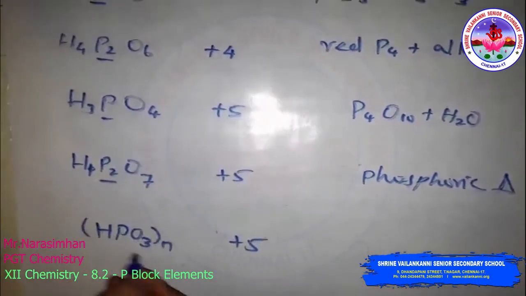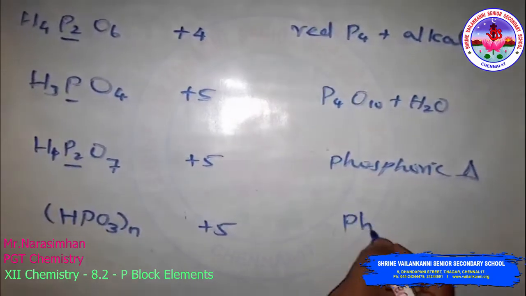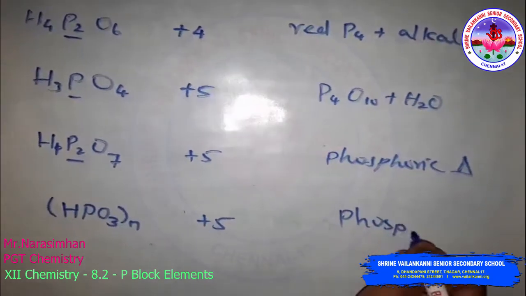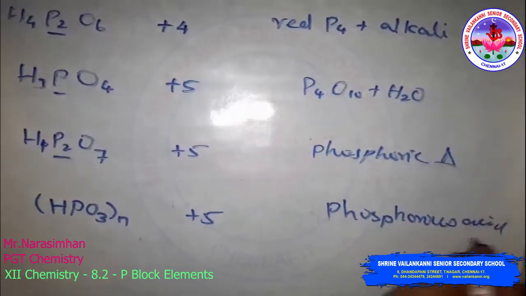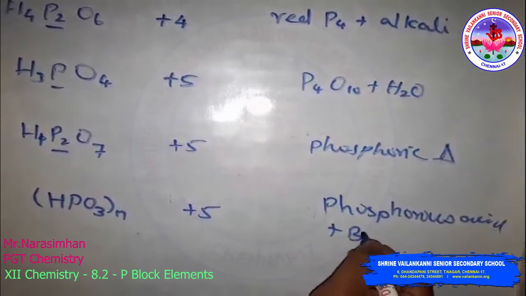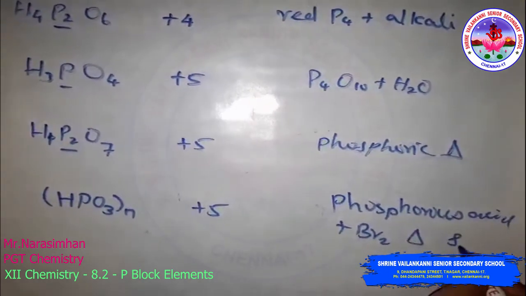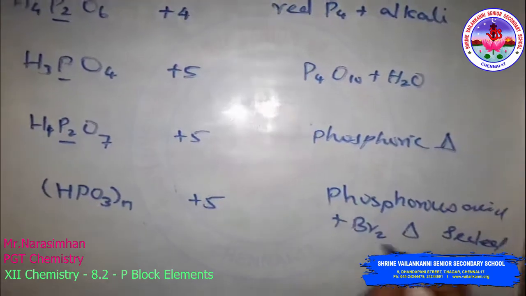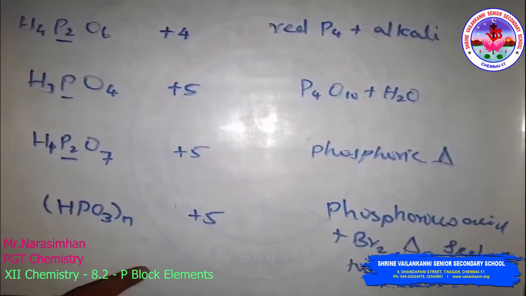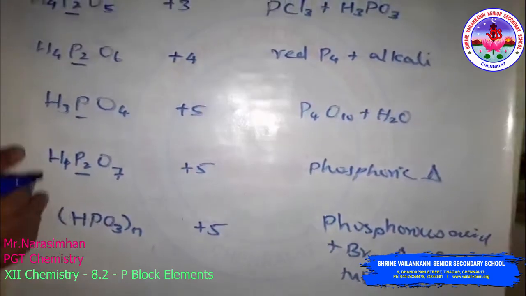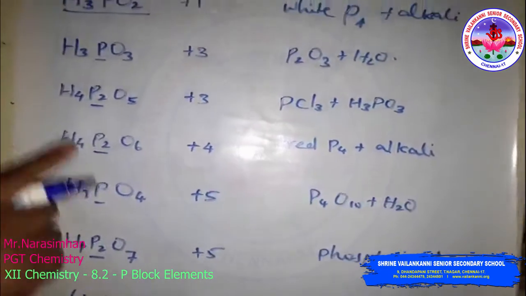So phosphorous acid reacts with bromine water and heating in a sealed tube, you will get metaphosphoric acid.